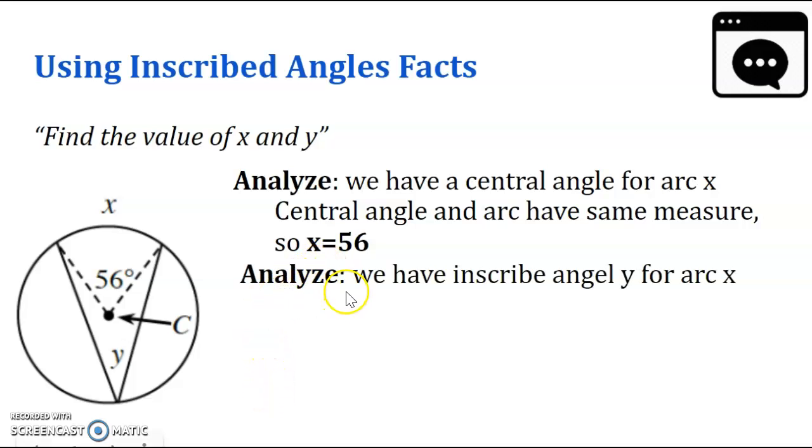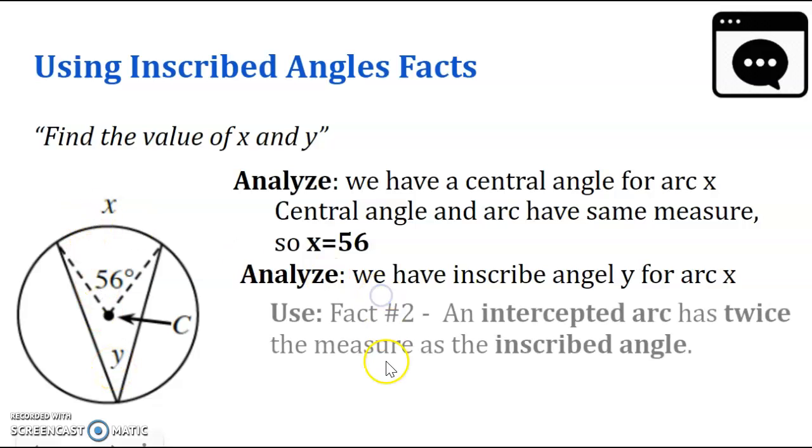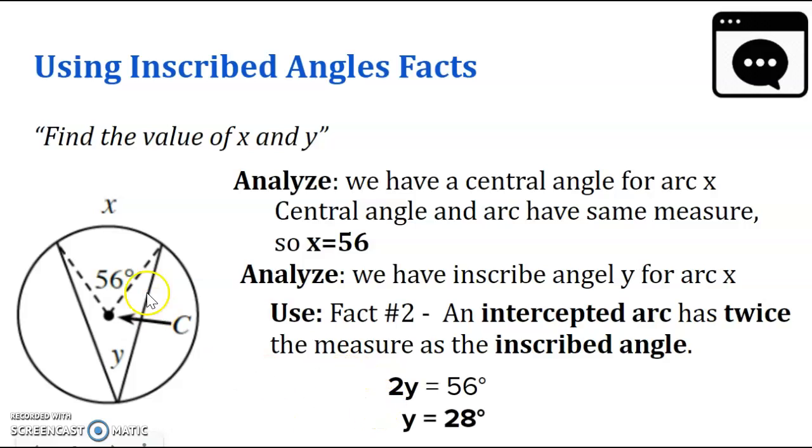Then for y, we have inscribed angle y for arc x. Arc x is 56 degrees, and we know the inscribed angle is always half the arc measure. So 2y is the same as x, which is 56 degrees, right? So we know that y is 28 degrees.